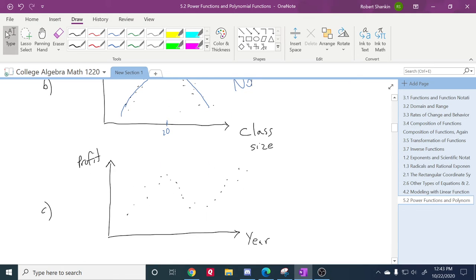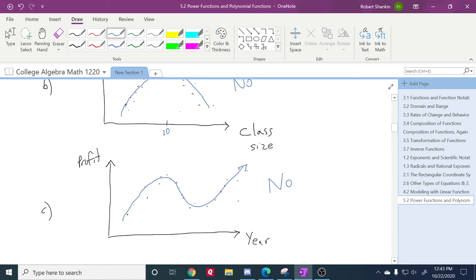And suppose you had something like profits of a company over certain years, where the line of best fit dips and goes up. You would not be able to model this with a linear function either. No straight line is going to accurately model this.